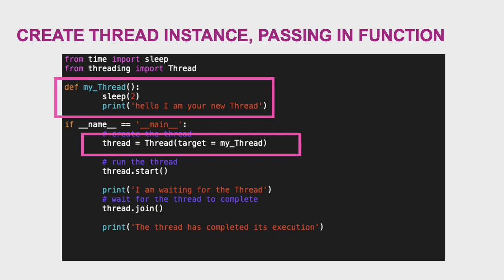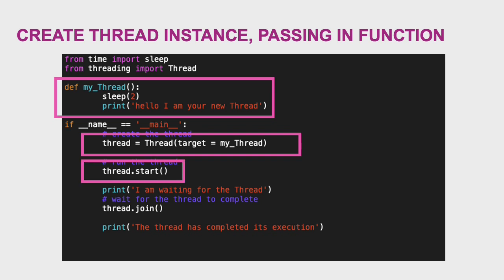As you can easily see, the first step is the creation of the Thread class, and we pass to the Thread class the myThread function as the target. This tells the Thread class that the business logic of the thread will be implemented by the myThread function.